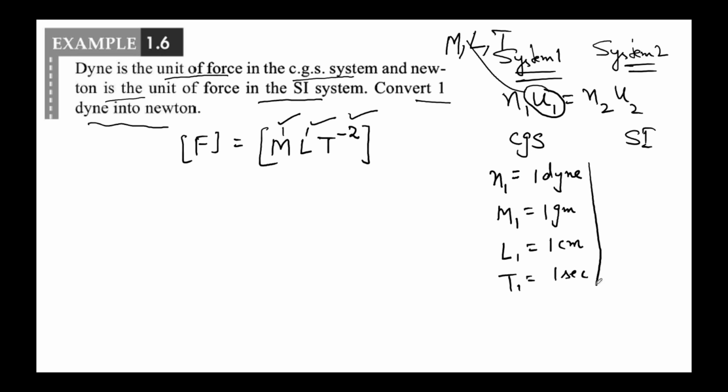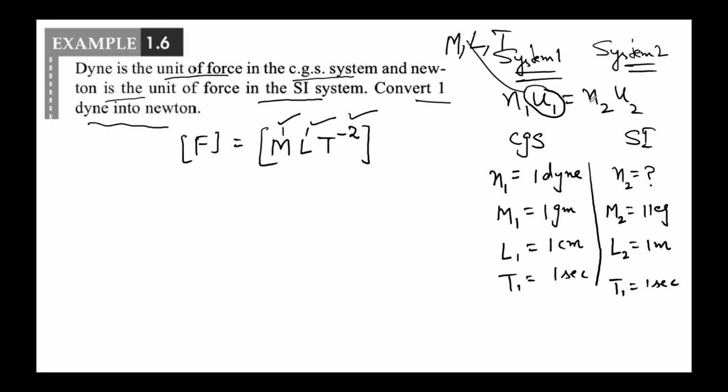Similarly, in the SI system, n2 is what we have to find, the number of newtons, and the mass M2 in SI system we take in kilograms, length in meters, and time in seconds.